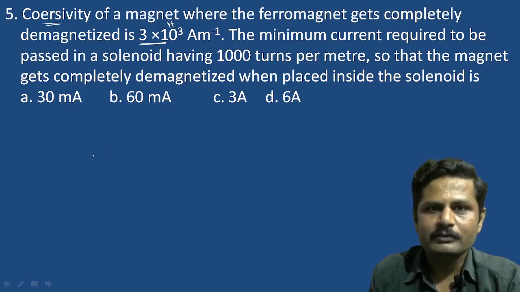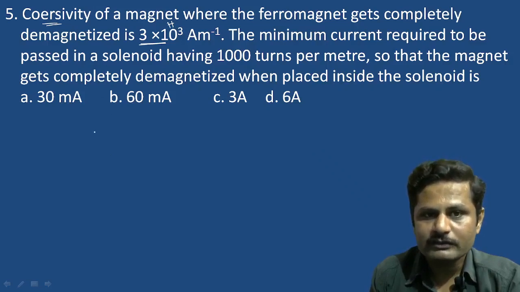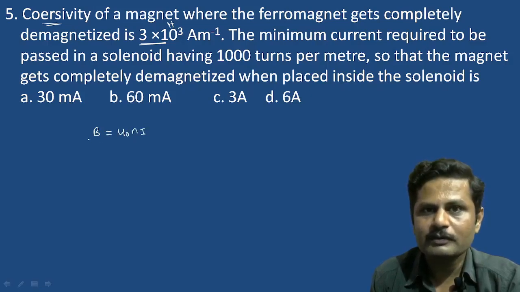As you know, the magnetic field due to the solenoid is given by B equals mu naught N i. And this B, the magnetic field, can be expressed in terms of the magnetizing field, that is, magnetic permeability times the magnetizing field: mu naught H equals mu naught N i.